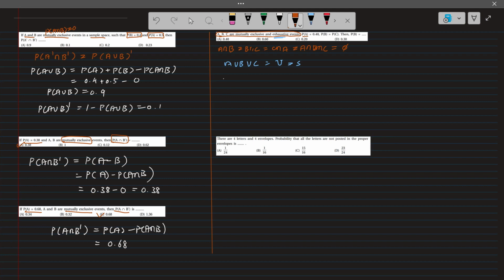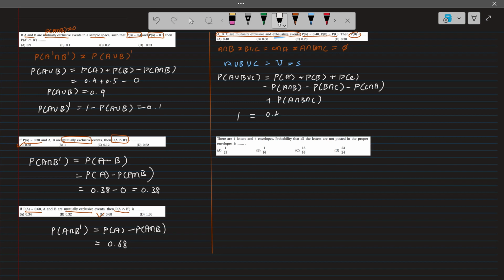We are given P of A, and P of B equals P of C. The value of P of A is given. We have to find P of B. So now we'll go by the definition of P of A union B union C, which is equal to P of A plus P of B plus P of C, minus P of A intersection B, B intersection C, C intersection A, plus P of A intersection B intersection C. So P of A union B union C is 1.